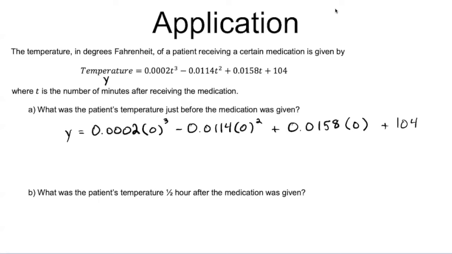Now, anything that is 0 cubed and then multiplied times anything, the result is just 0. So we know that the patient's initial temperature is 104.